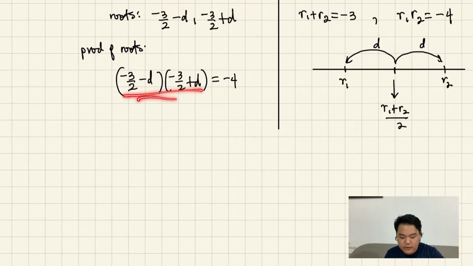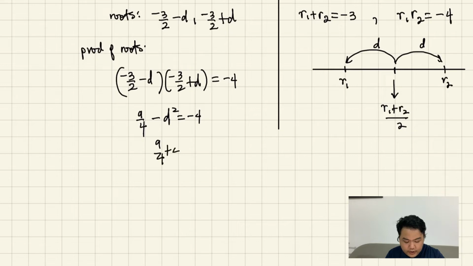So, difference of 2 squares, meron tayong 9/4 kasi ang square ng negative magiging positive. Square ng 3 is 9, square ng 2 is 4. Minus D squared, you get negative 4. And then, you solve for D. So, 9/4 plus 4. Nilipat ko yung negative 4 sa left. Lilipat ko si D squared sa kanan.